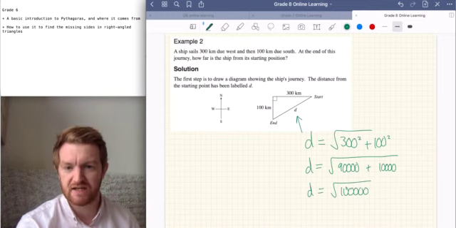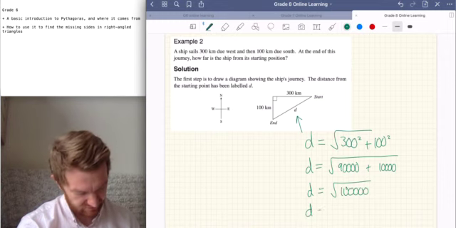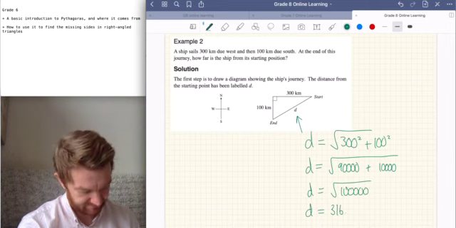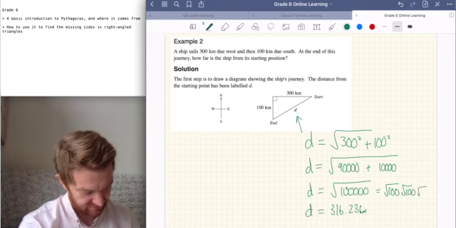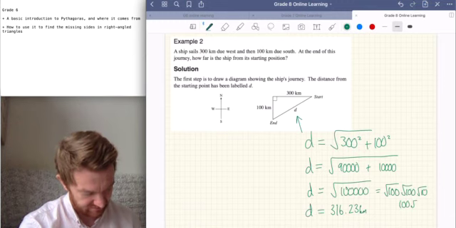But unfortunately, it's not a million, so you can simplify that root, or you can write it as a decimal, 316.23 kilometers. Or you could simplify this root, maybe you'd say it's 10,000 times 10. So it would be 100 root 10.